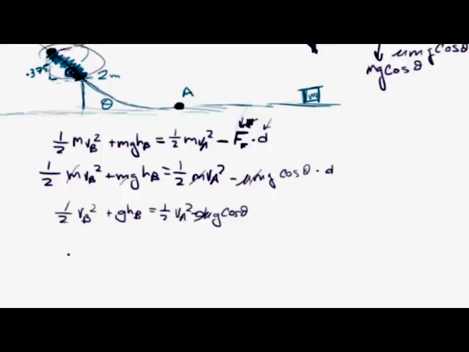Check my algebra, but vb should be equal to the square root of 1/2 va squared minus d mu g cosine theta minus g hb, all times 2.